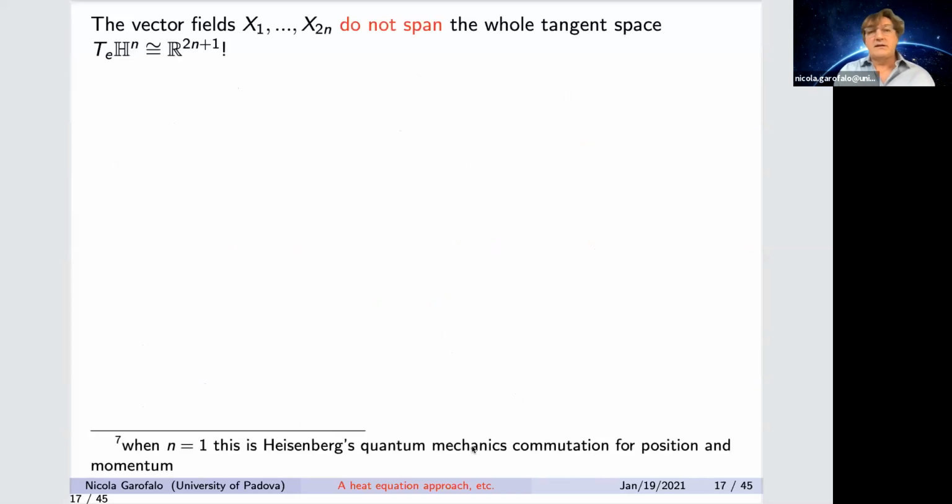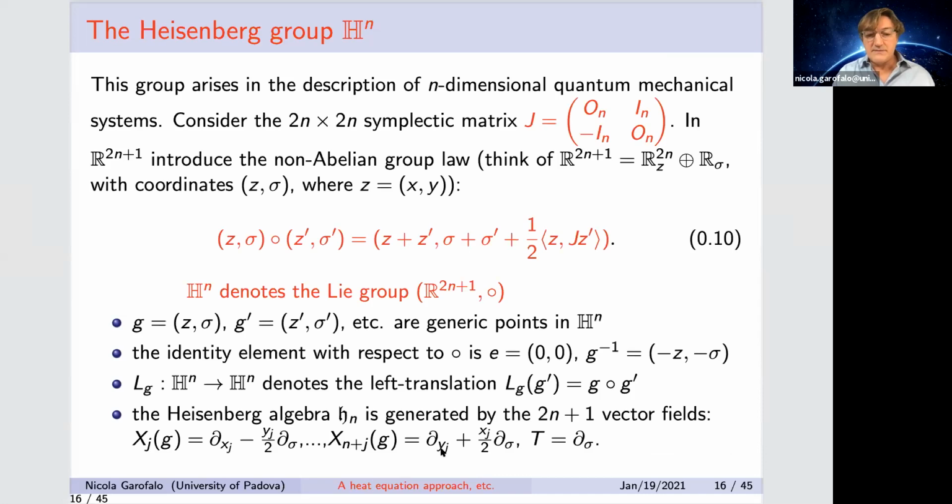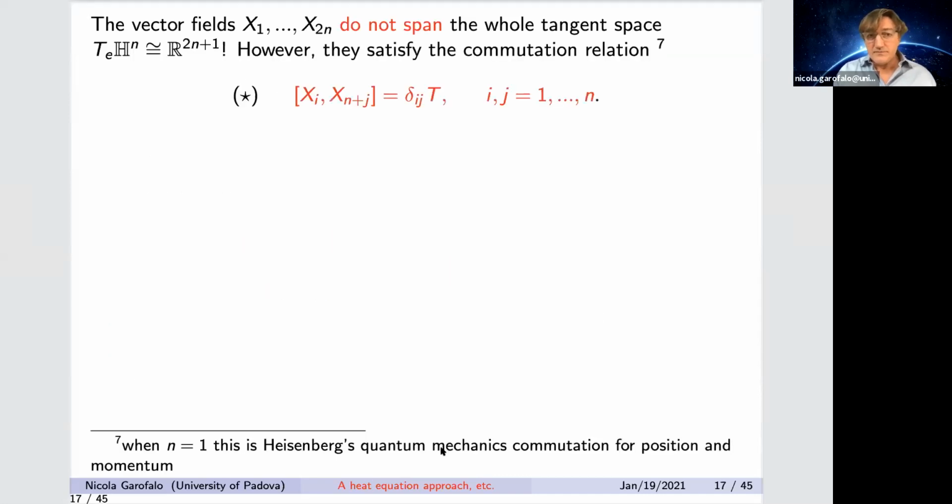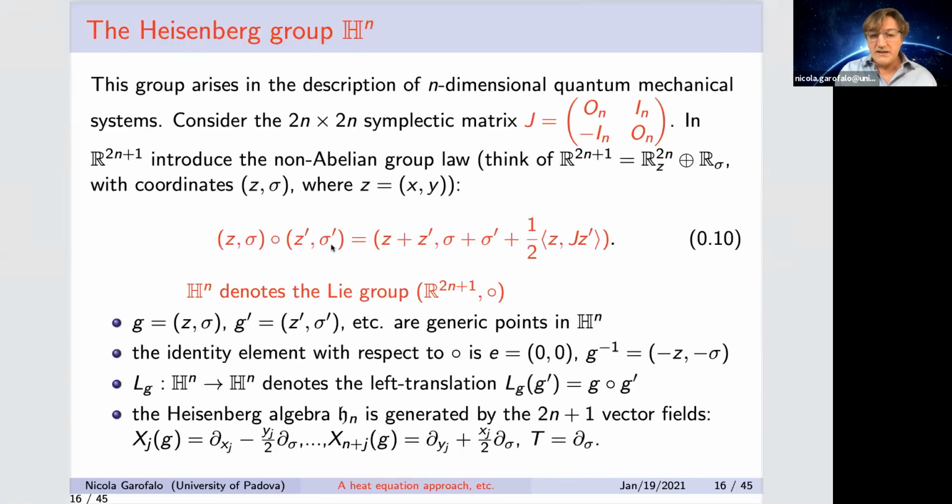Now, in mathematics, there is an important operator which is attached to these vector fields. In order to define it, we only use the vector fields X_1 through X_2n. There is a little problem, though. These vector fields do not span the whole tangent space. You see it very easily at the origin.